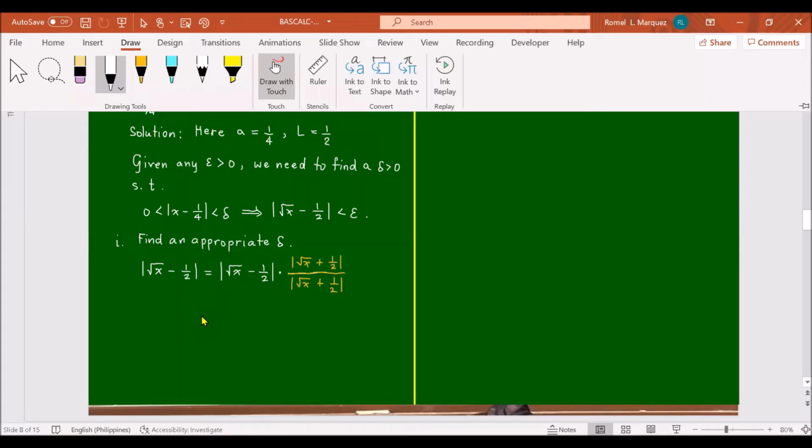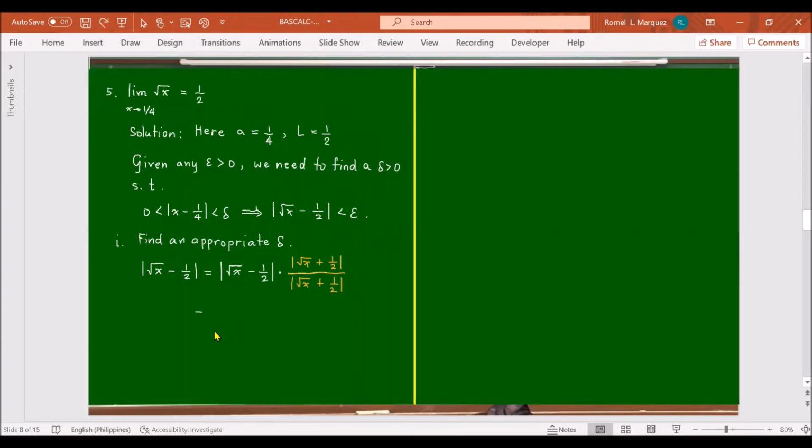And this is equal to, so the numerator, when multiplied, we have absolute value of square root of x minus 1/2 times square root of x plus 1/2 all over square root of x plus 1/2.